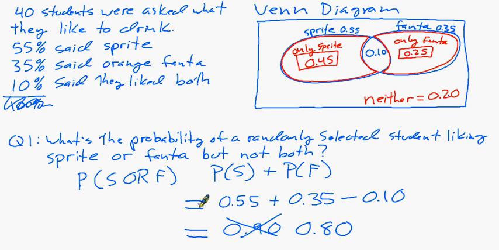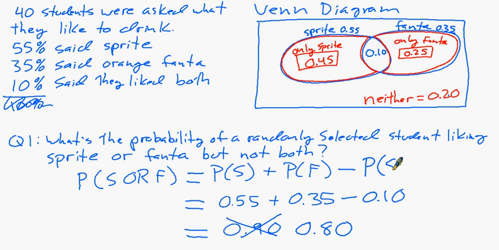Now, these are now equal. We have to sort of change this a little bit. If I want to make this equal, I'm going to have to subtract something. And that thing I'm going to have to subtract is this intersection. Well, how do we describe that intersection using probability notation?